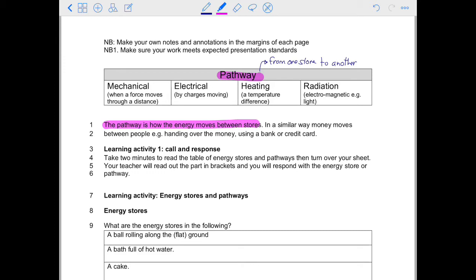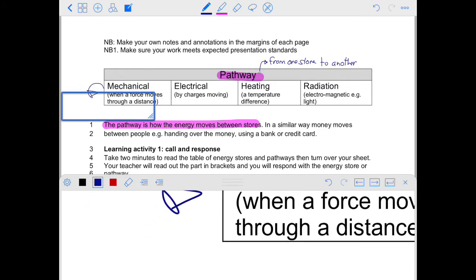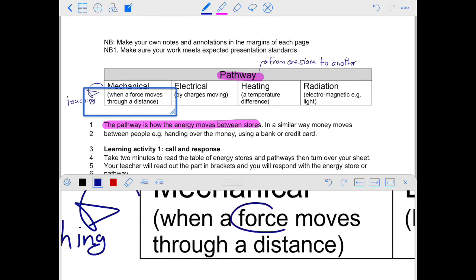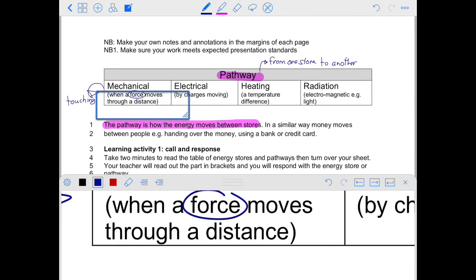So we have mechanical, which is when a force moves through a distance. So when something touches, that is a mechanical pathway. Because remember that force is a push or a pull.